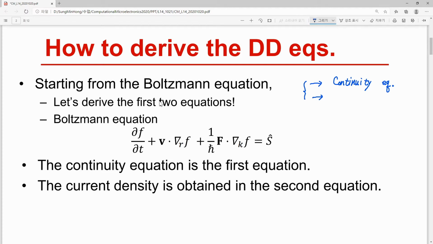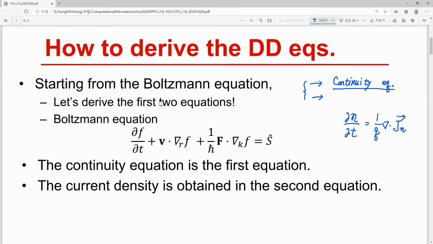In the continuity equation, we have the time derivative of our electron density. This time derivative of electron density is certainly related with the so-called electron current density.